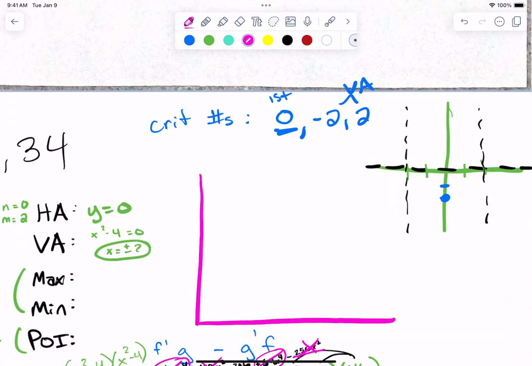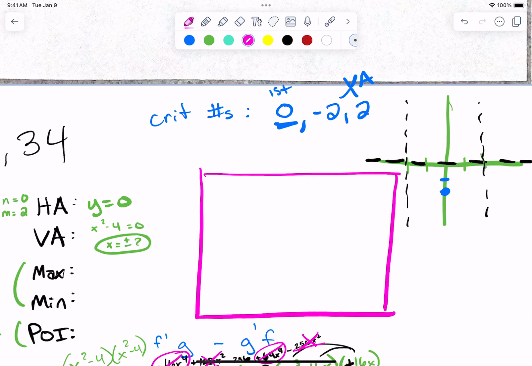Here's my table. I don't understand how a VOS and a critical number are the same thing.